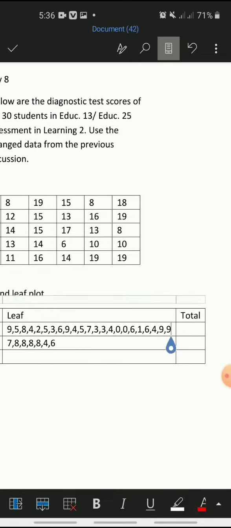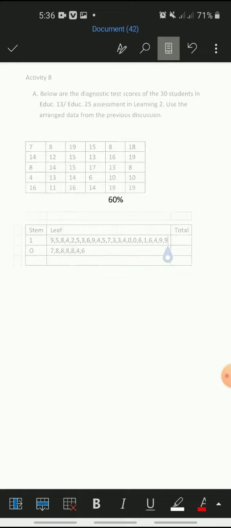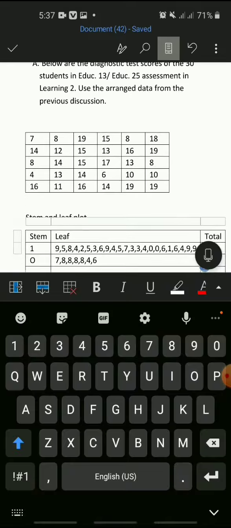So to get the total, we just count how many leaves there are. So 1, 2, 3, 4, 5, 6, 7, 8, 9, 10, 11, 12, 13, 14, 15, 16, 17, 18, 19, 20, 21, 22, 23. So there are 23 under stem 1.